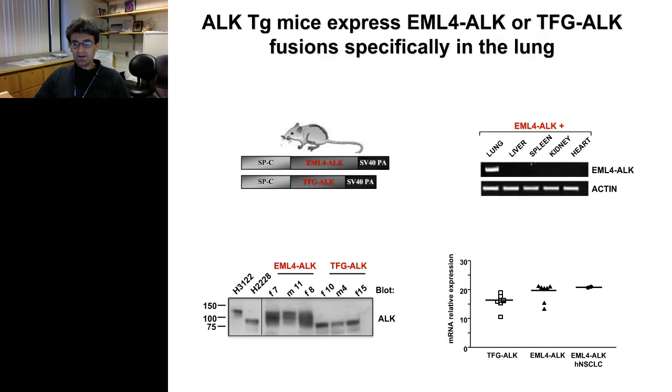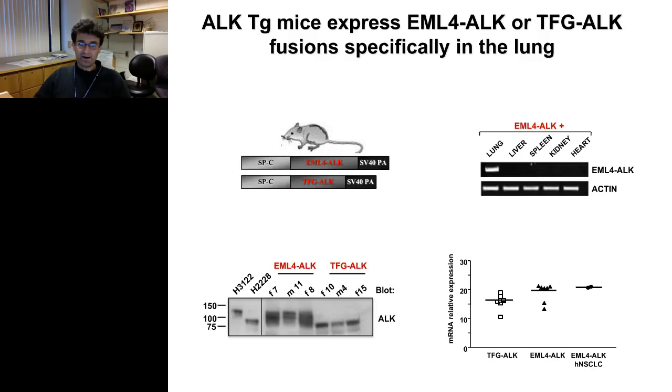And you see here by quantitative PCR that only the lung really expresses significant amounts of the EML4-ALK fusion, whereas most of the other organs were negative. Importantly, the levels of expression by Western blot, either in the EML4-ALK transgenic here or in the TFG-ALK transgenic here, were quite similar to the expression level in human cancer.